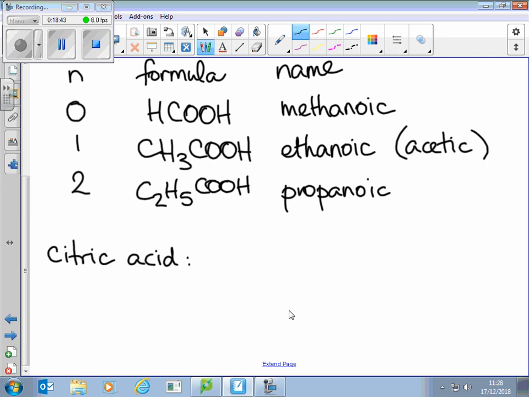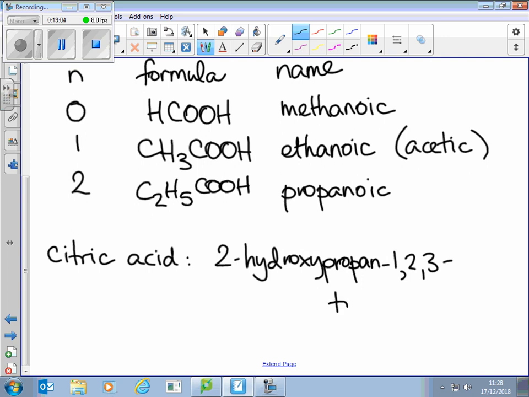It is 2-hydroxy propan, one, two, three. I've run out of space. Tricarboxylic acid.